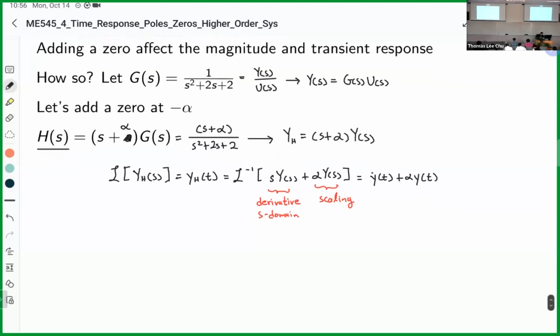So basically what this is saying is our output is dependent on the derivative and on the position.